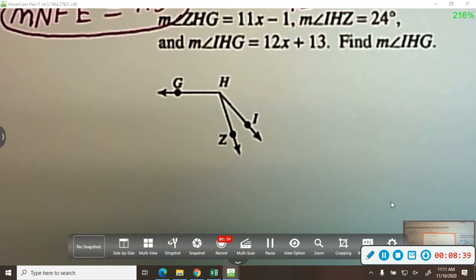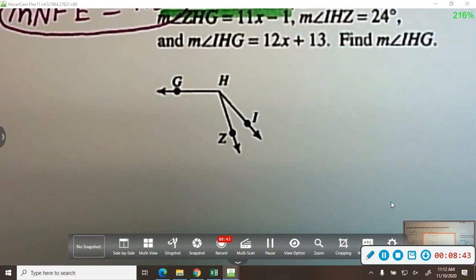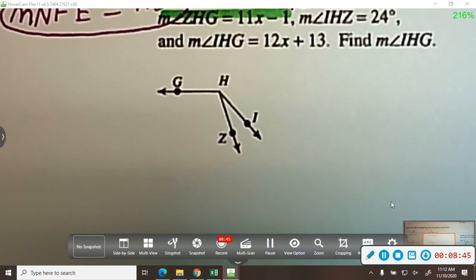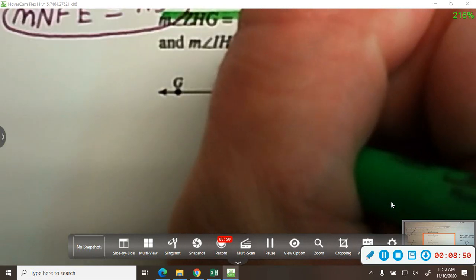So here, I know that the measure of ZHG, that's hard to say, GHG is 11x minus 1.